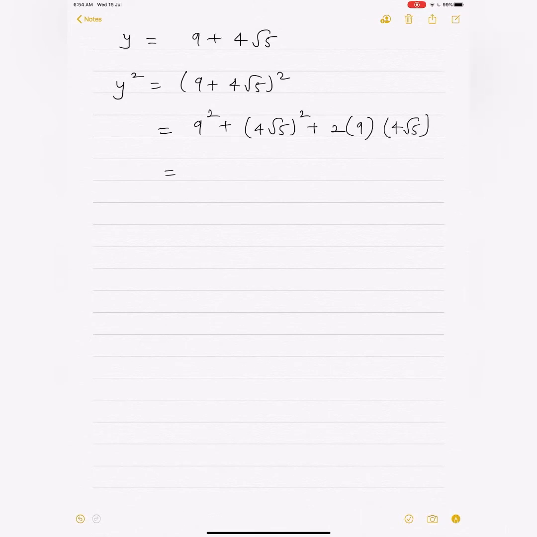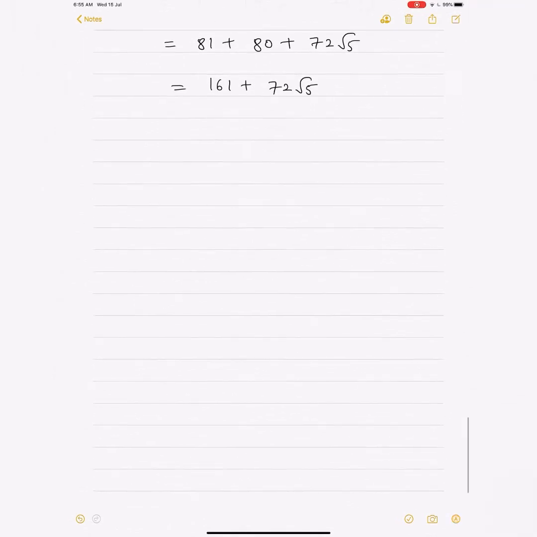Now, what is 9 squared? 81. What is 4 root 5 squared? 80. Now multiply. 2 9s are 18. 18 4s are 72 root 5. Which is equal to 161 plus 72 root 5. That's your y squared. So now we are done with x squared, we are done with y squared.